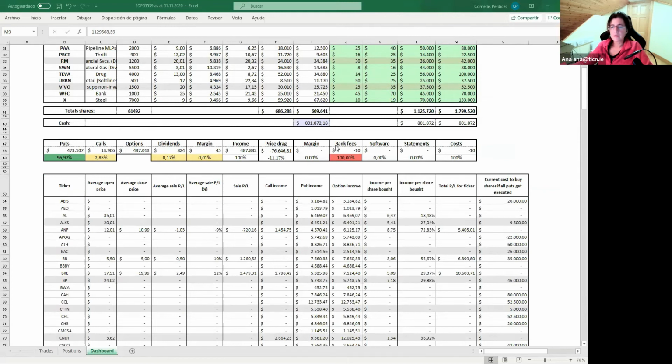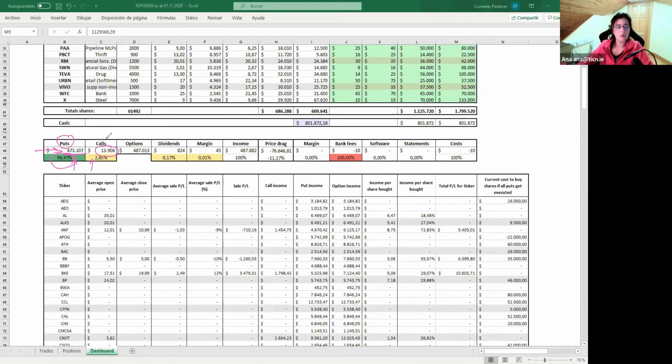The next box that we have here, pink, is a summary of everything that we've seen so far, pretty much. Puts, all the puts that have been sold add up to 473. All the calls that have been sold add up to this. The percentages, as you can see, are mostly puts. Why? Because this account is very, very young.